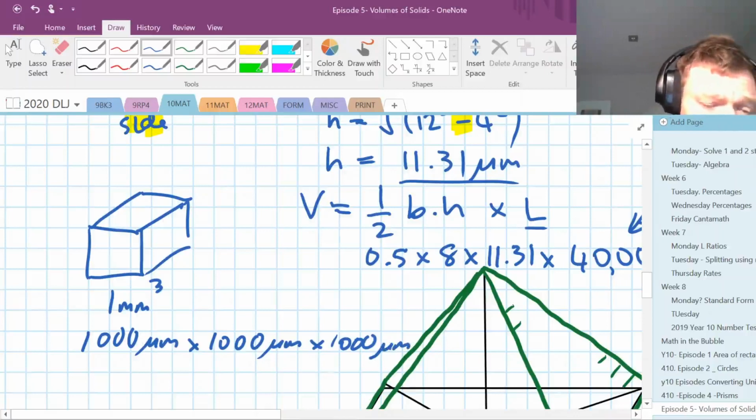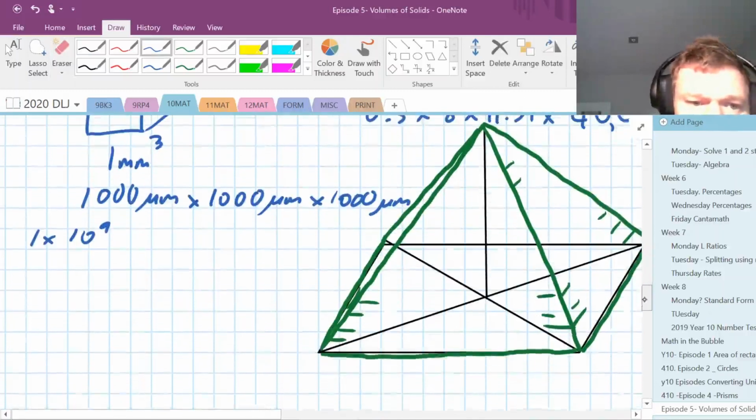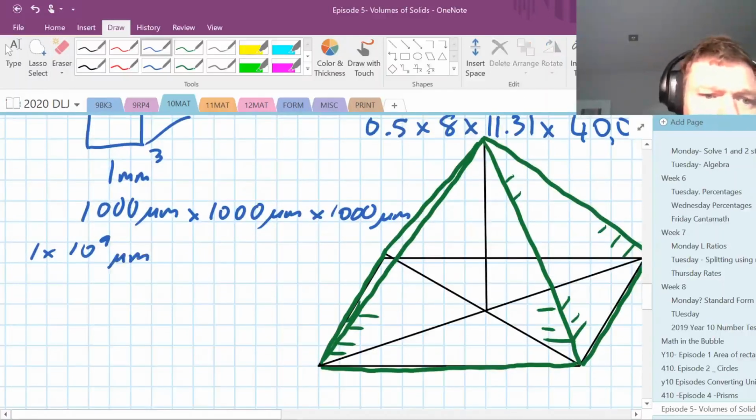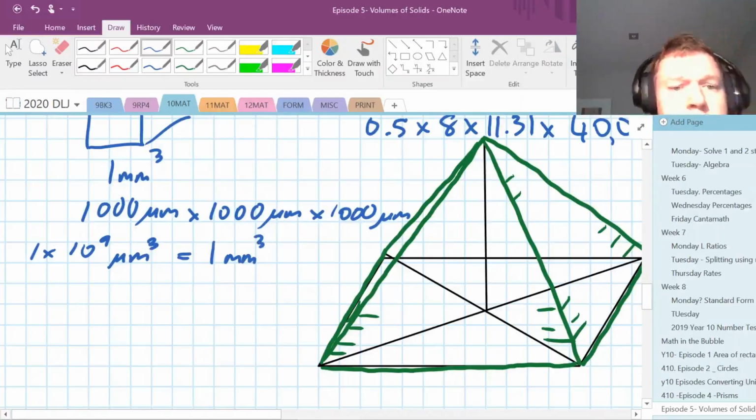So that's 1 times 10 to the 9 micrometers cubed equals 1 millimeter cubed. And I mean, a millimeter cubed is already a tiny, tiny thing.